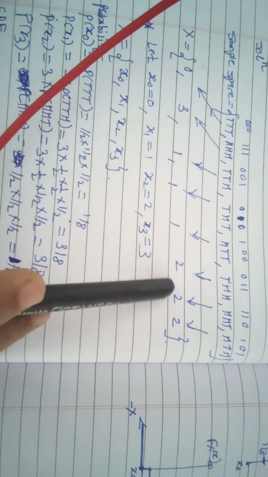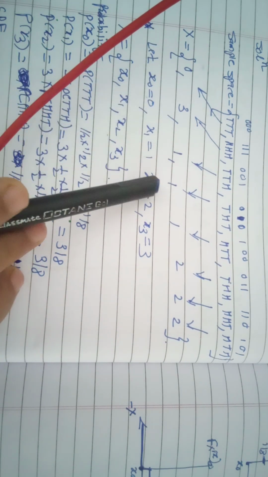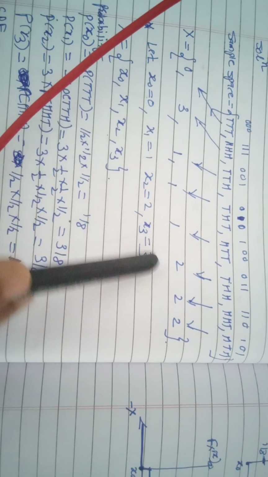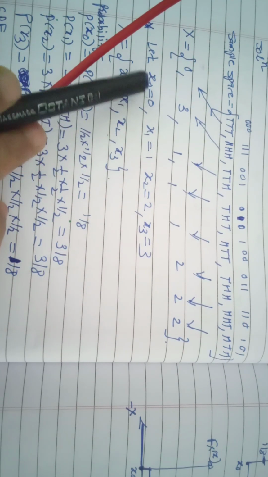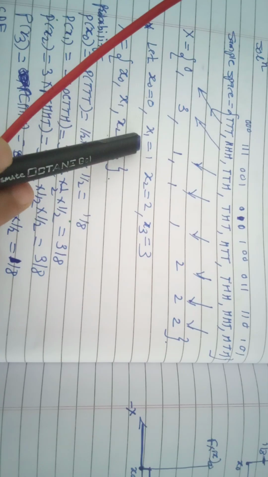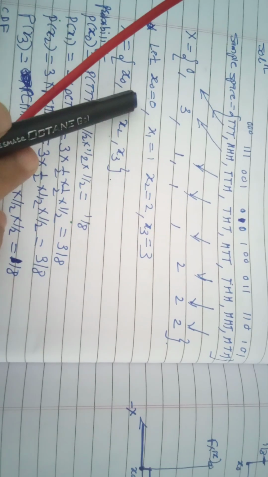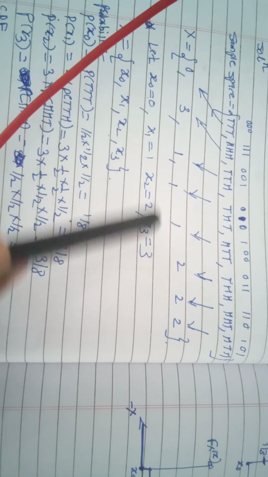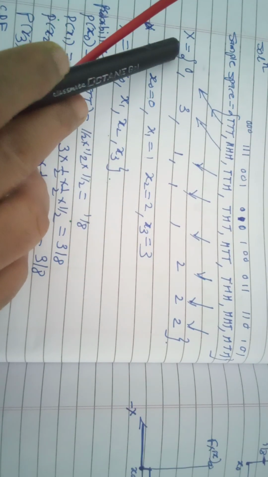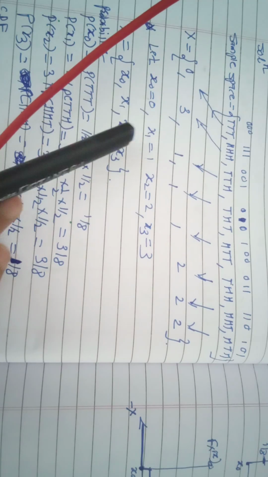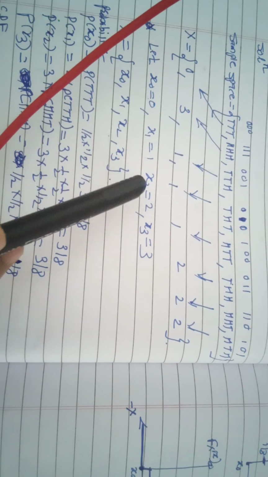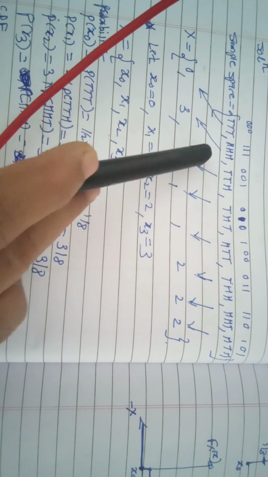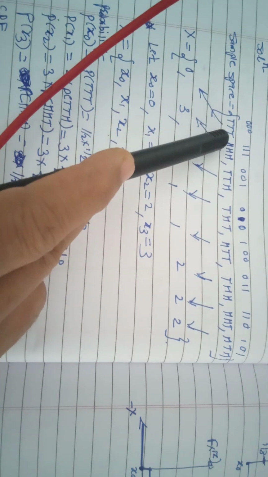Now if you observe, it has the values 0, 1, 2, 3. So this random variable X has the values x0, x1, x2, x3. You can take any alphabet like y0, y1, y2, y3, and then you have to take the random variable capital Y. It would be easier for the representation. After that, what is the probability of triple T?